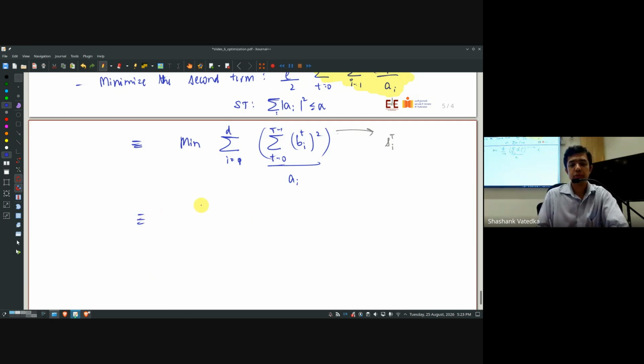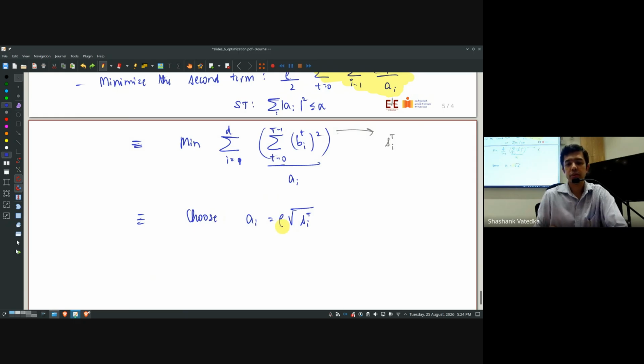And you can show that that essentially amounts to choosing a_i to be the square root of S_i,t, assuming that all of these S_i,t are positive, because otherwise you'll get a divide by 0.